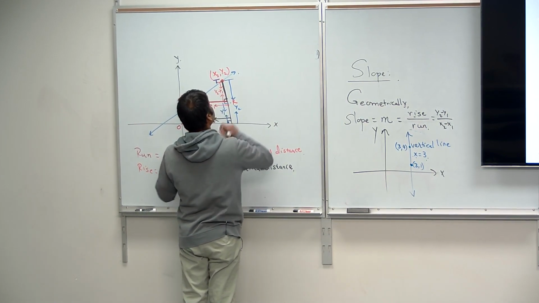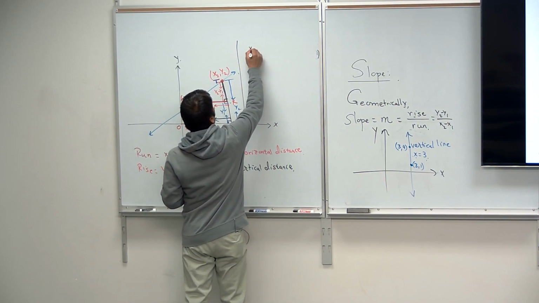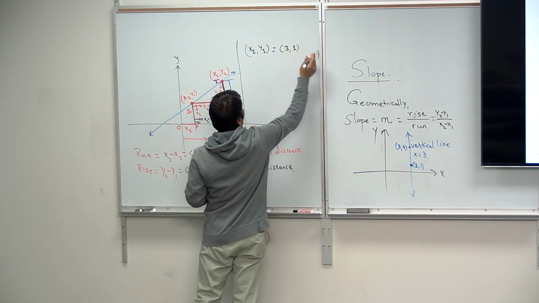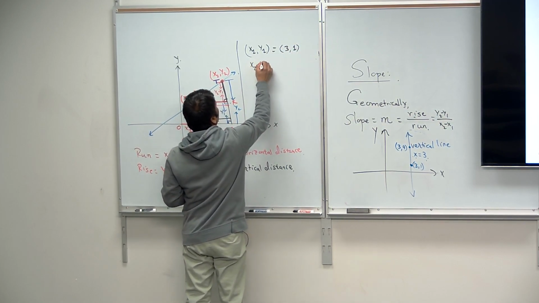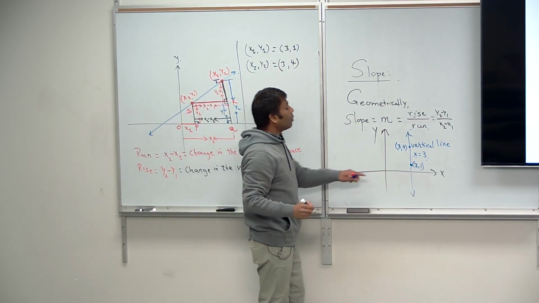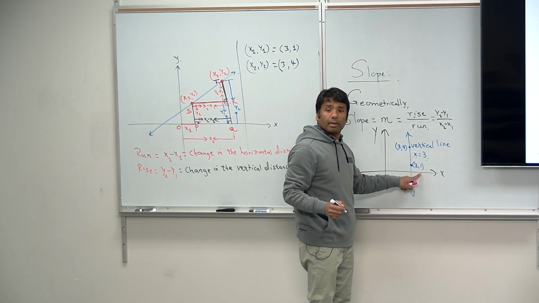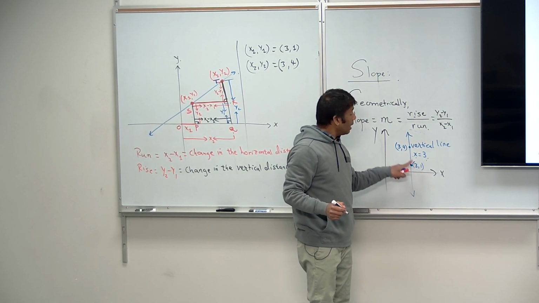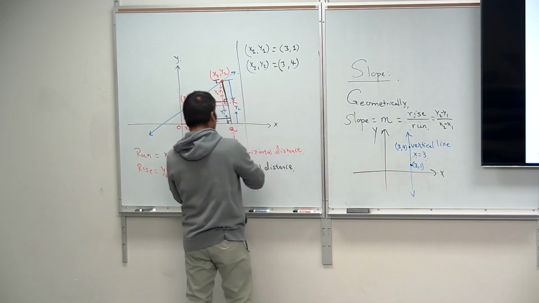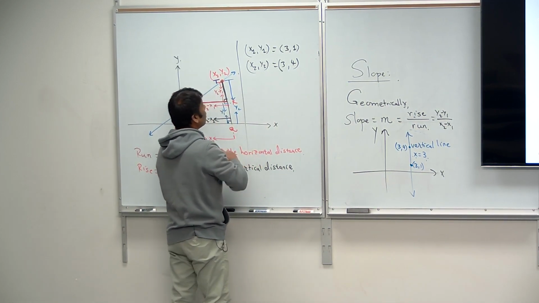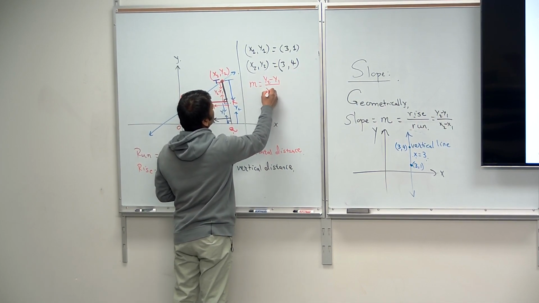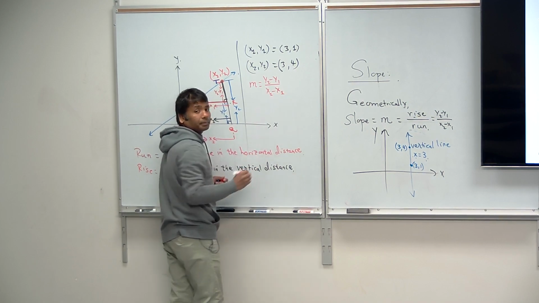We have two points. Let's say your x1, y1 is 3, 1, and your x2, y2 is 3, 4. I consider this point as x1, y1, 3, 1, and this point as x2, y2. Okay? And then we have the formula. Our formula is m equals y2 minus y1 over x2 minus x1.